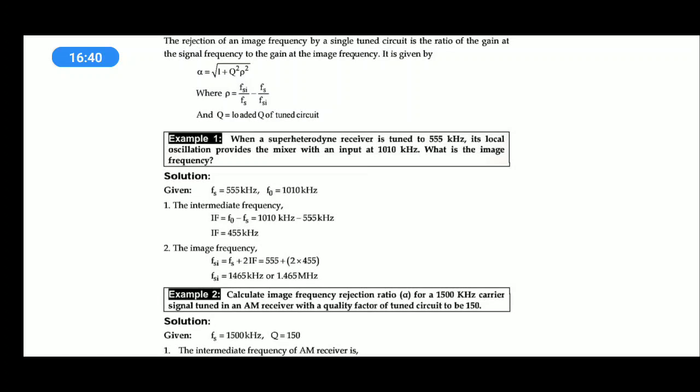This is a problem we need to solve. The desired signal and quality factor are provided. You need to calculate alpha. Before calculating alpha, you need to know rho. Then you can directly substitute rho in the formula of image frequency rejection ratio.